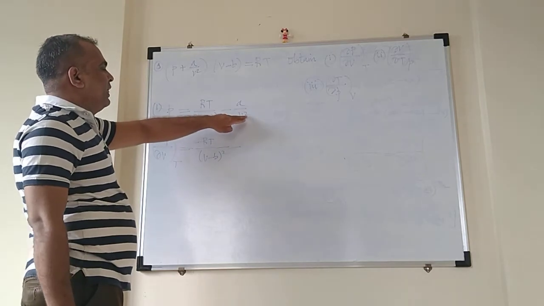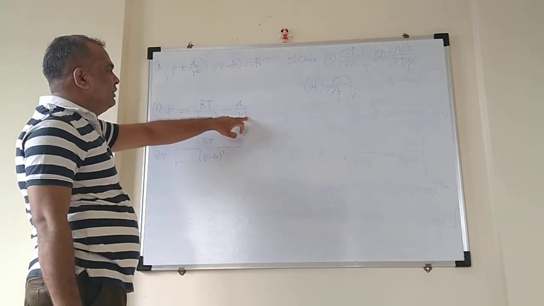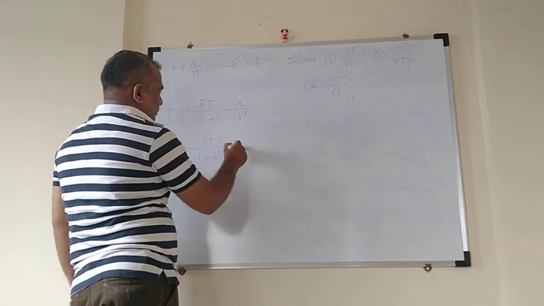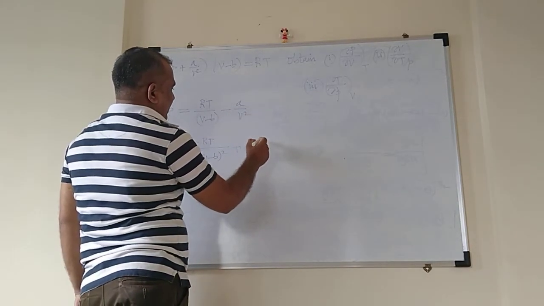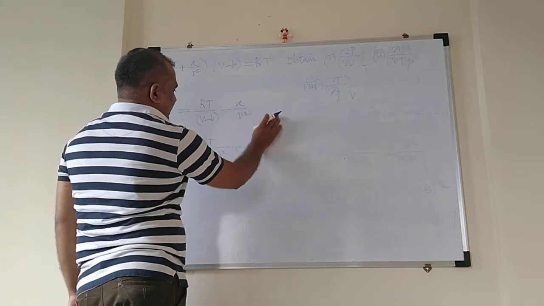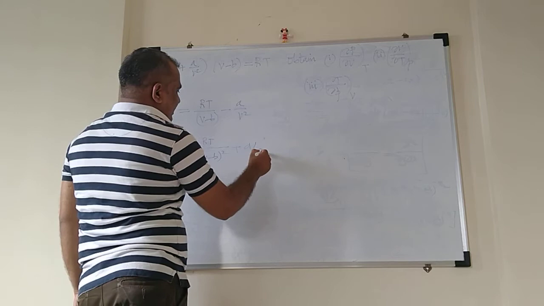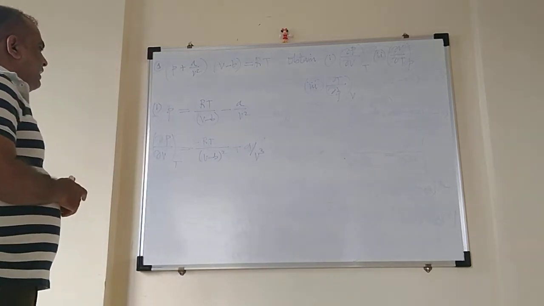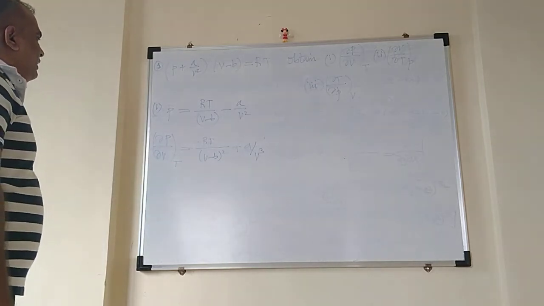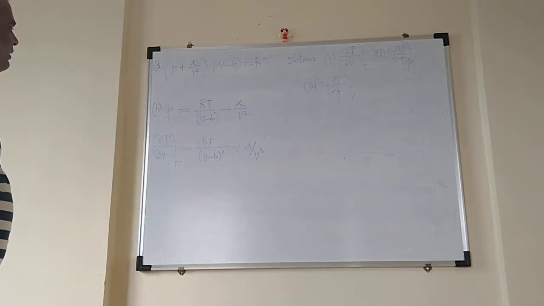So the differentiation of V raised to minus 2 will be equals to minus 2V⁻³. So minus minus will become plus a V raised to power minus 3, or I can write a by V³. That's all. Fine. So this is the solution of your first bit: minus RT upon (V − b)² plus a by V³.